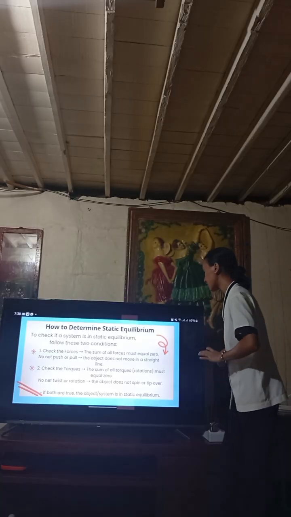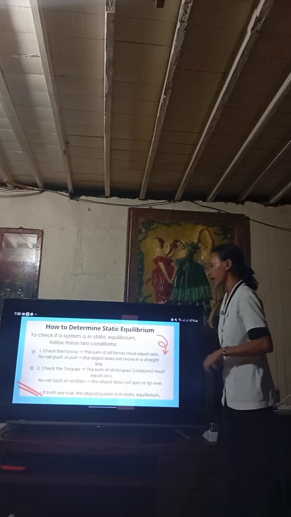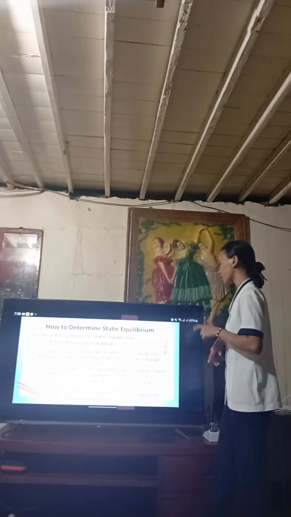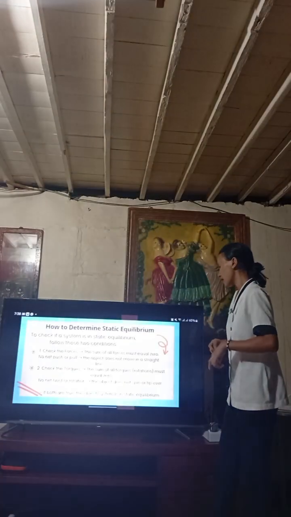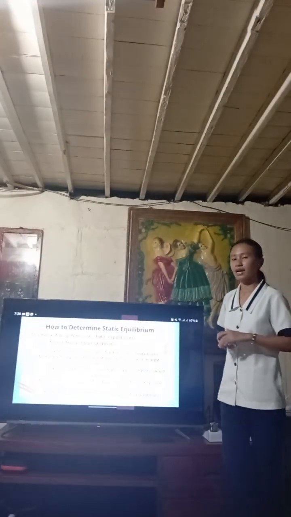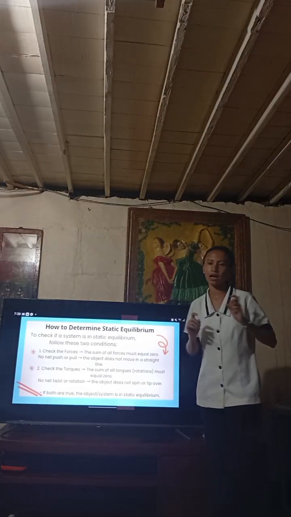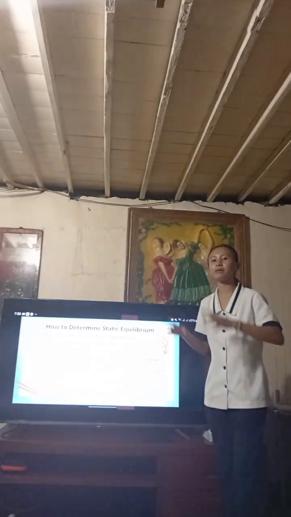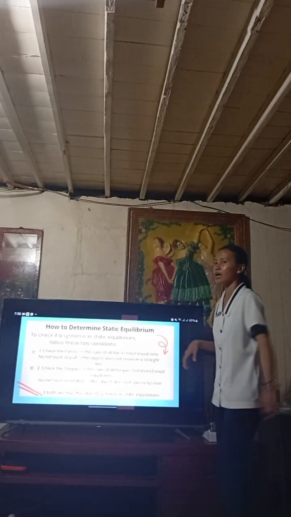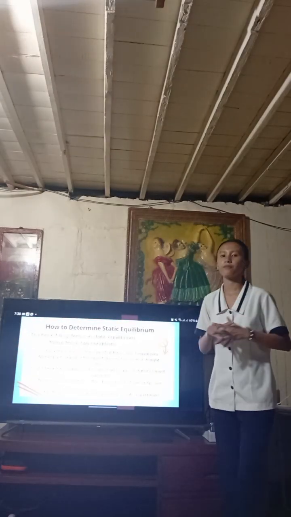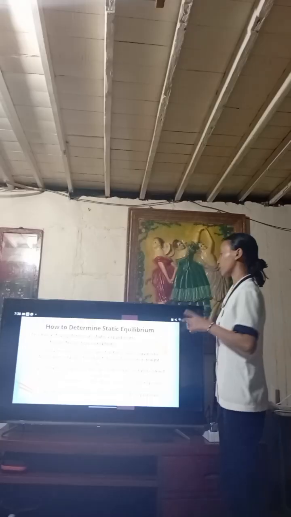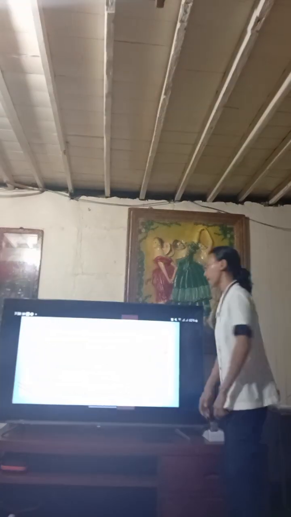The object does not spin or tip over. If both are true, the object or system is in static equilibrium. So the forces and torques must equal zero to determine static equilibrium.